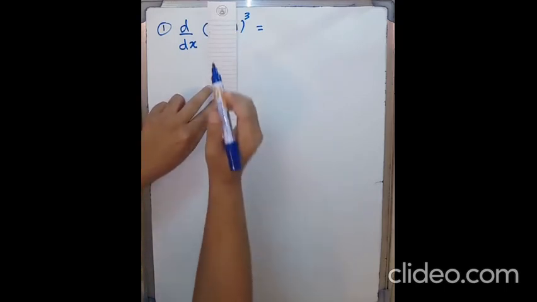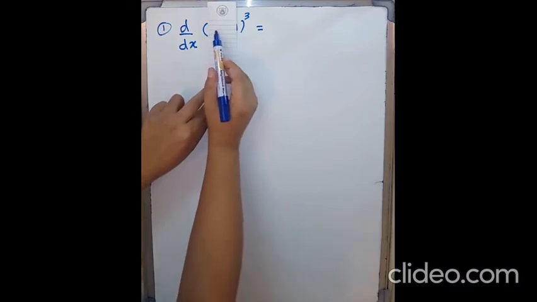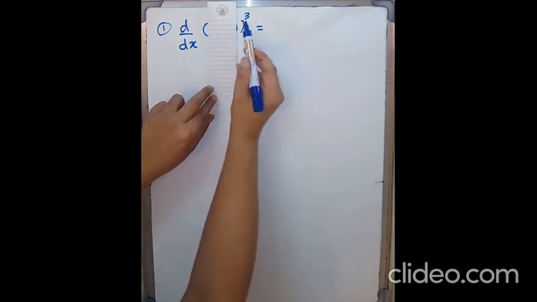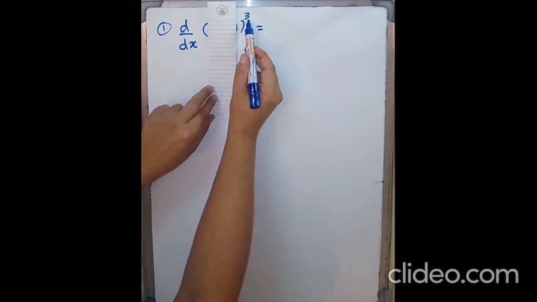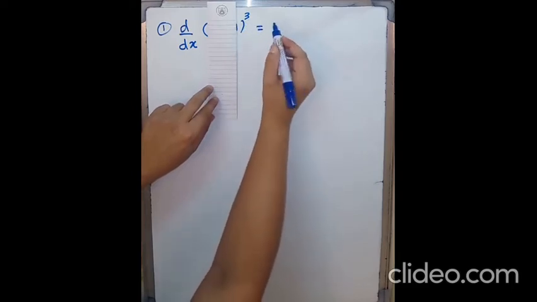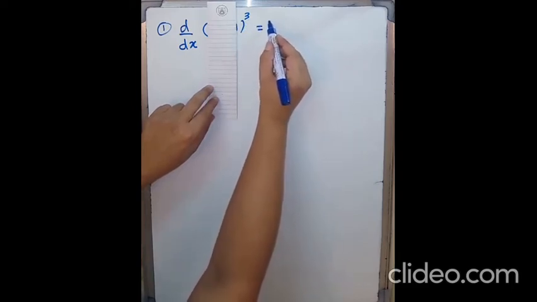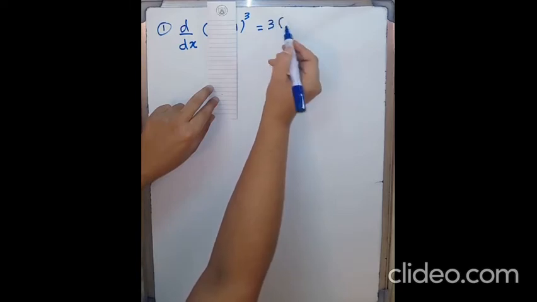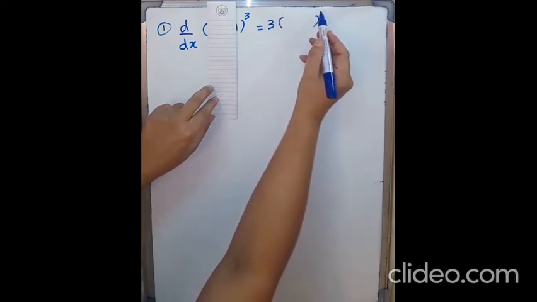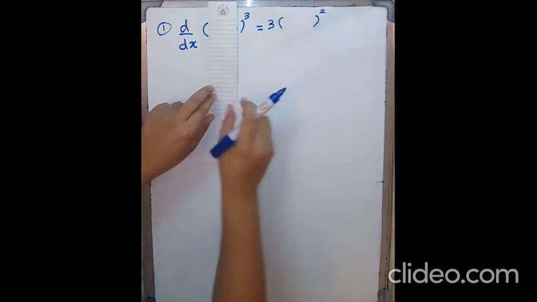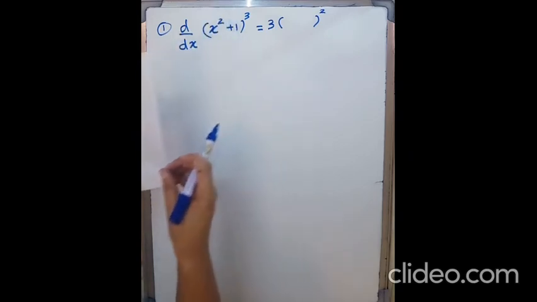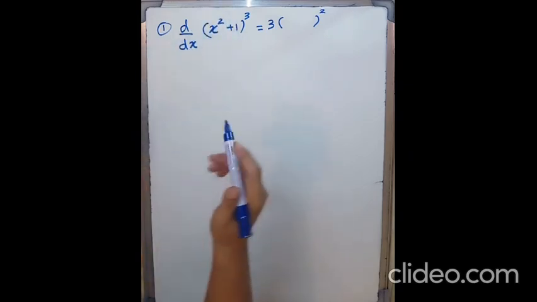So in my mind we have t power 3 and we know that derivative of t power 3 will be 3 t power 2 and our t is x square plus 1.